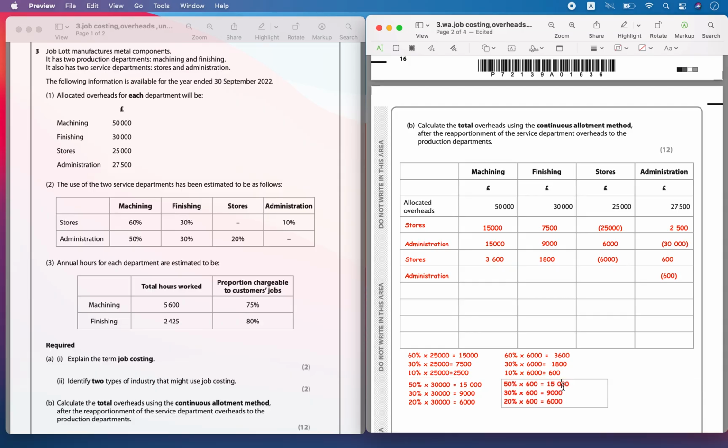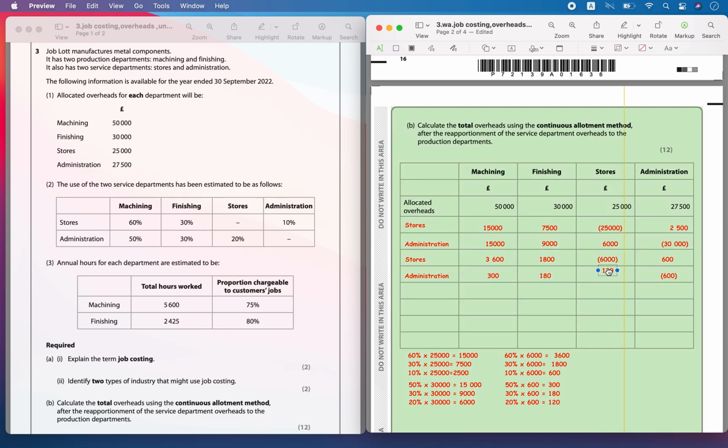So 50 percentage of 600 is going to be equal to 300, and 30 percentage of 600 is going to be 180, and 20 percentage of 600 is 120. So let's put those values: 300, 180, and 120.